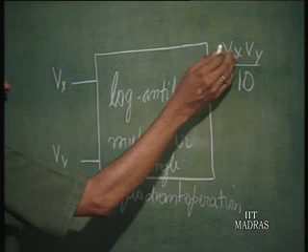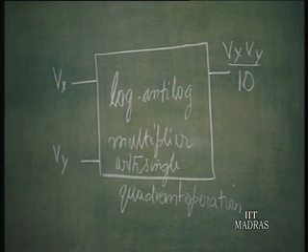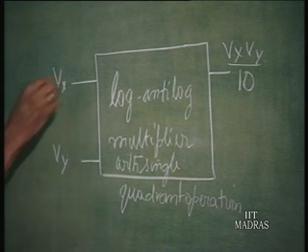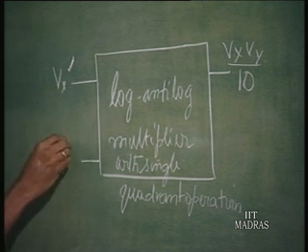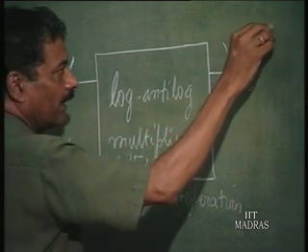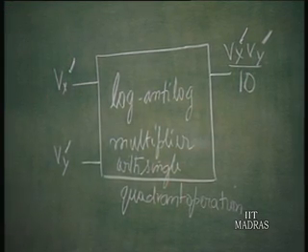Only thing is how to select Vx and Vy such that it is operated in single quadrant, even though our actual input is plus minus 10 volts dynamic range. So, we have to assume that we will give this Vx' and Vy'. So, this is going to become Vx' and Vy' into 10 volts.